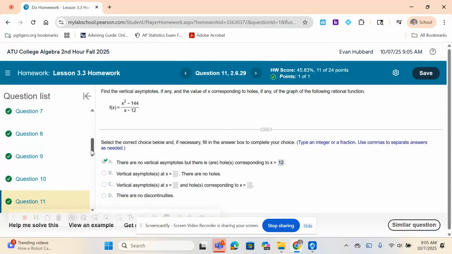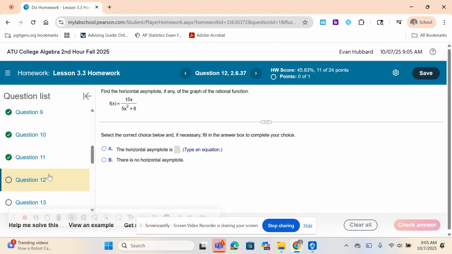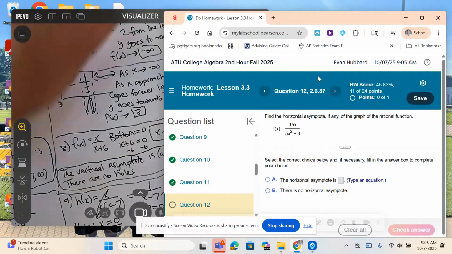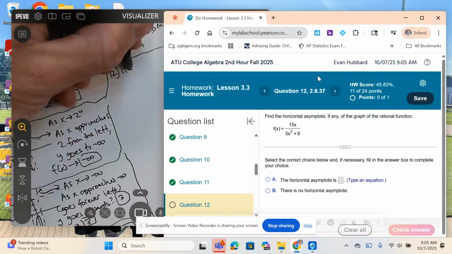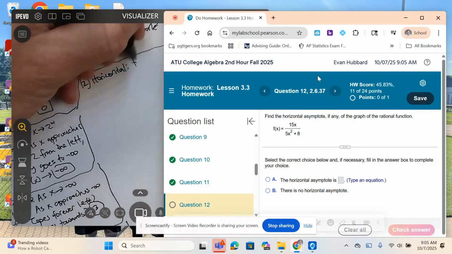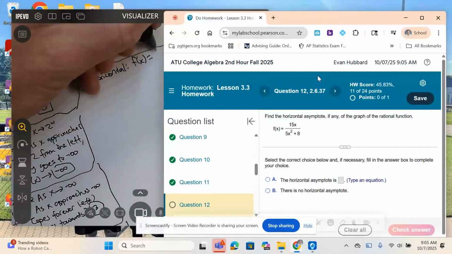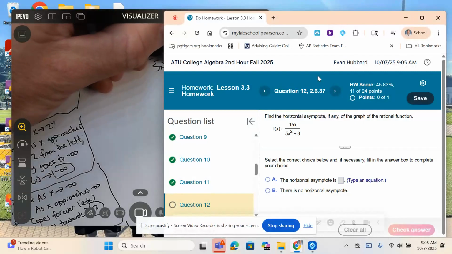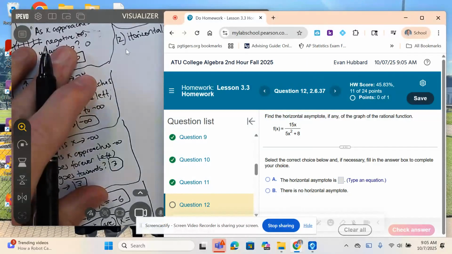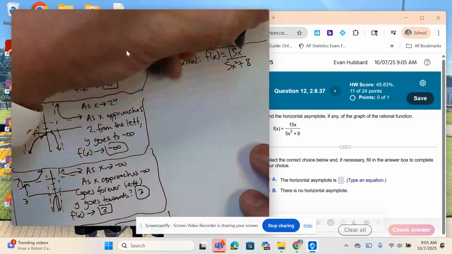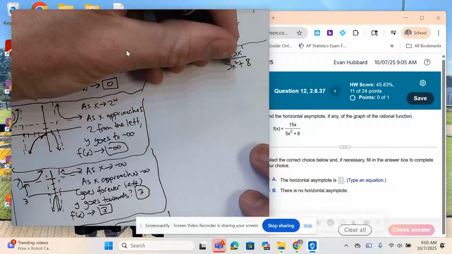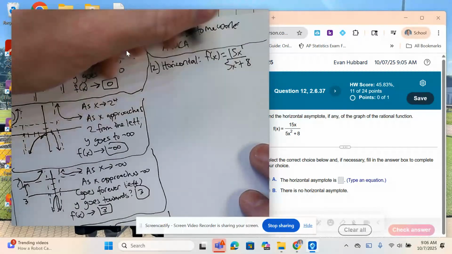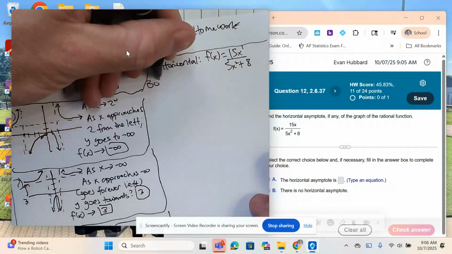All right, 12. Find the horizontal asymptote. So for horizontal, you want to ask yourself which one has a higher exponent, the top, the bottom, or is it a tie? So I've got 15x divided by 5x squared plus 8. Which one has a higher exponent? The bottom has the higher exponent.